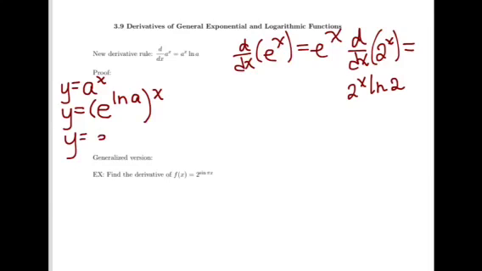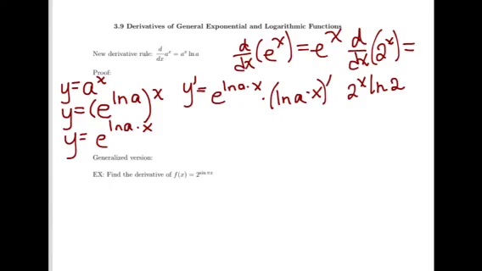So this is really e to the ln of a times x. And so if you're going to take the derivative of that, you get e to the ln of a times x, but then you need to multiply by the derivative of ln of a times x using the chain rule that we learned in the last section.